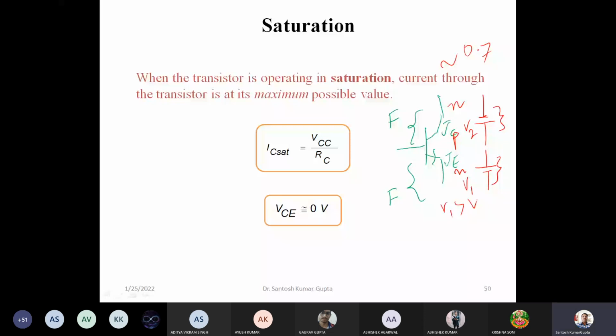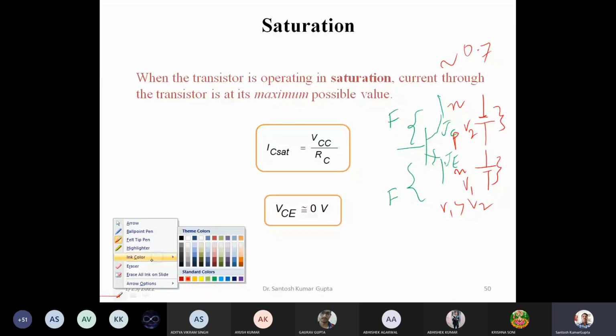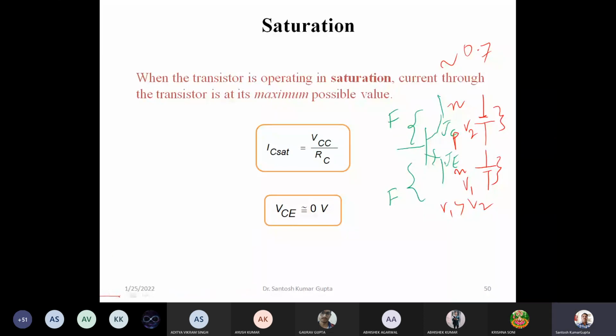So effectively the voltage drop across this will be of this polarity, because V1 is dominating here. But of course, this is very close to zero.